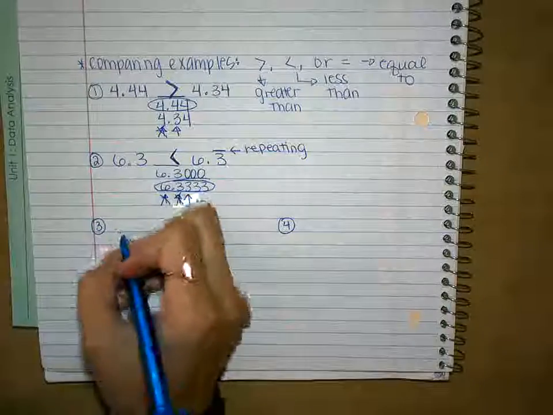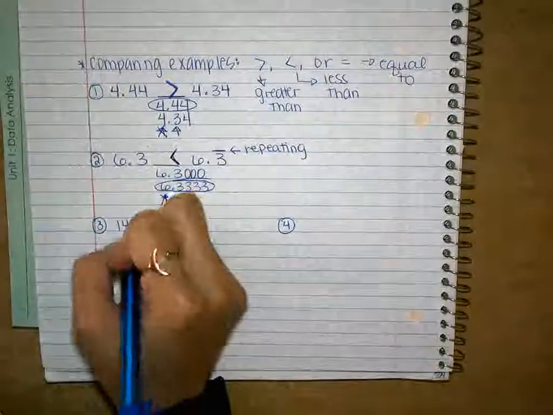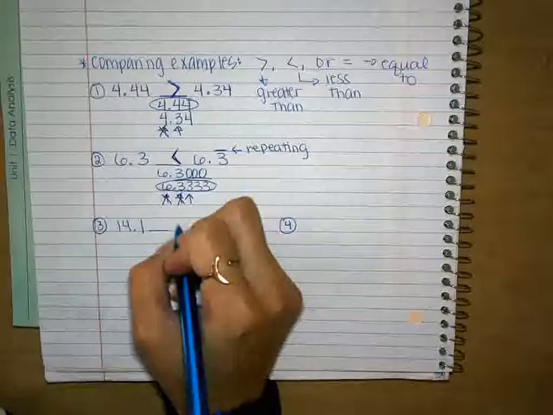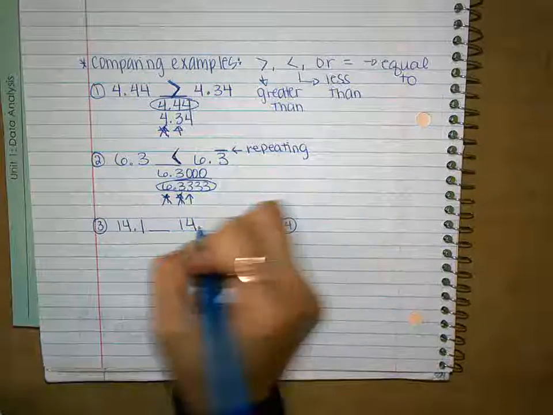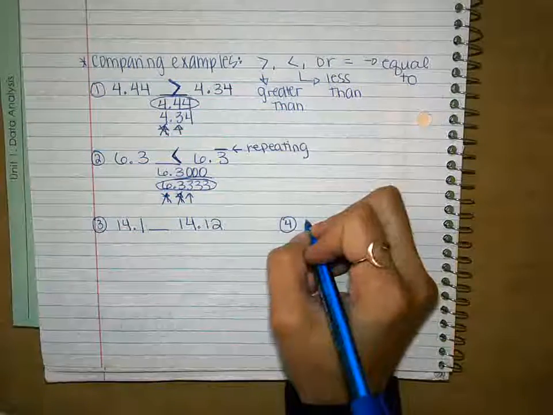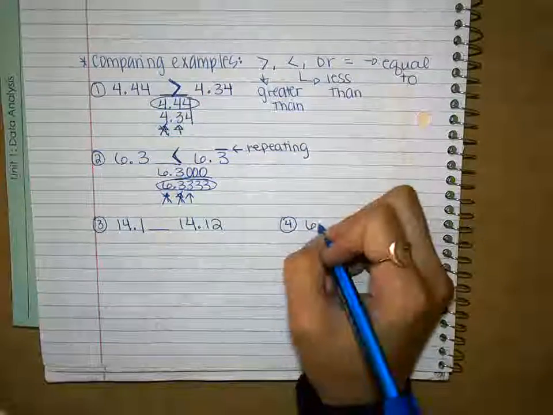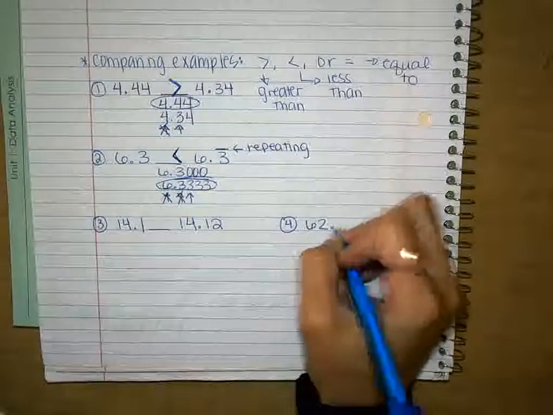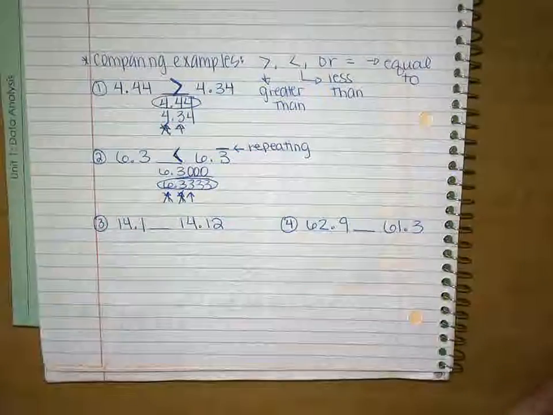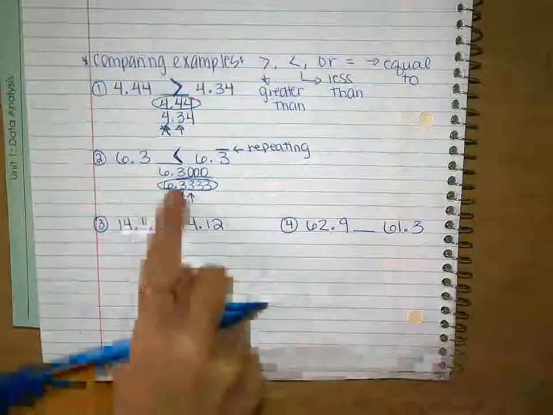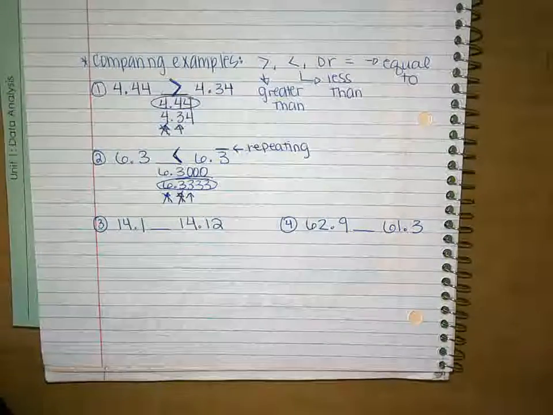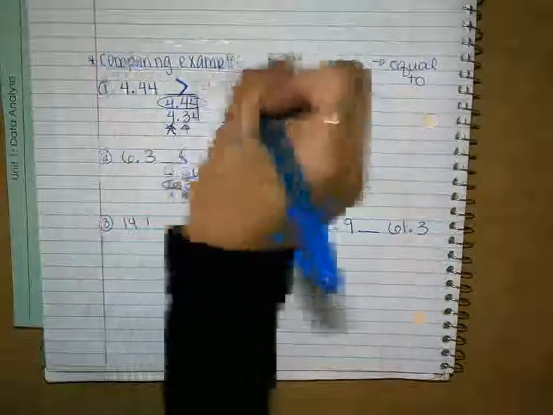So the example that I'm going to give you is 14.1 and 14.12, and then 62.9 compared to 61.3. So compare those 2 for me. Show me like I did here. That way you're proving you know what your answer is. Okay, so that's comparing. Those are how we compare.